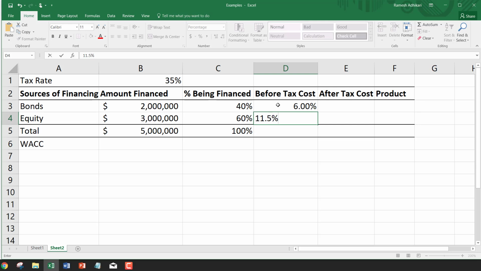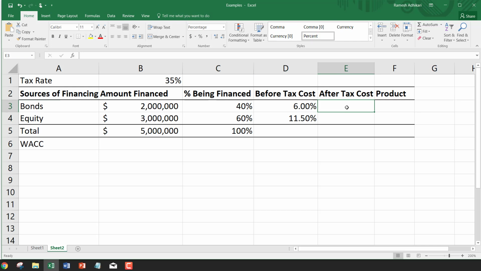Now before tax cost is 6% for bond, 11.5% for equity, right? Now after tax cost for bond is going to be your before tax cost times 1 minus the tax rate, right? And for equity it's the same as before tax, right?